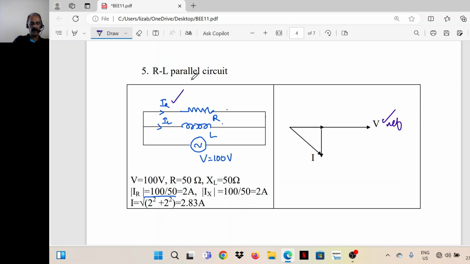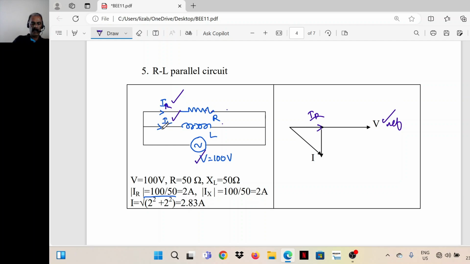Current through the resistor marked as IR, current through the inductor IL. So we know that in a resistor, current and voltage are in phase. Here, voltage across the resistor is nothing but V. Current through the resistance IR. So IR and V both are in phase. So this is IR. IR should be in phase with the V.